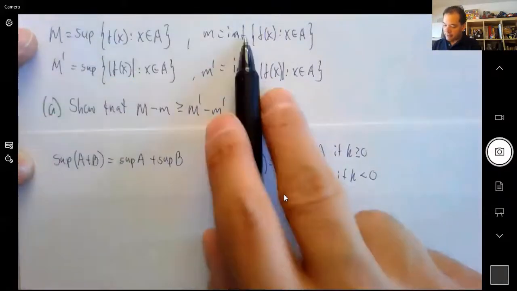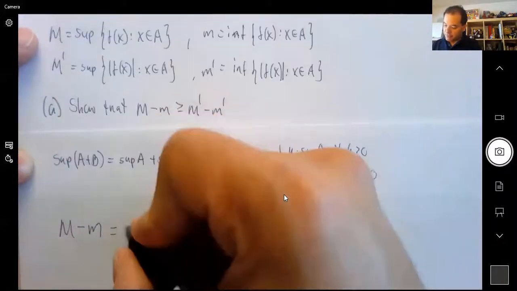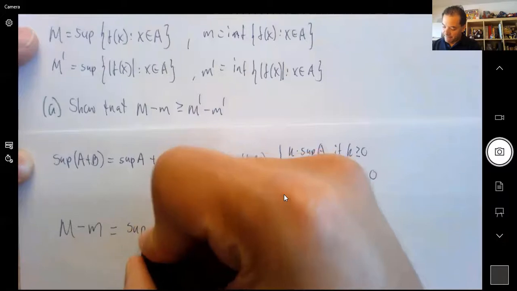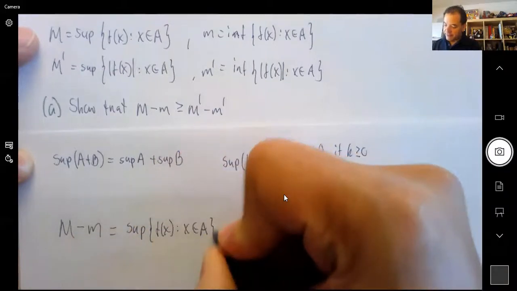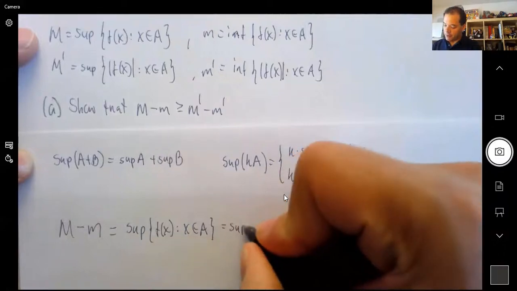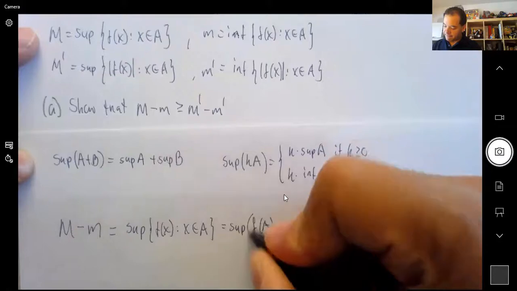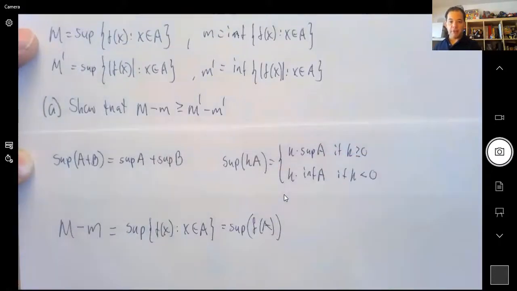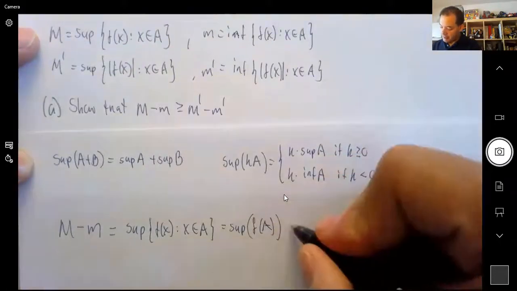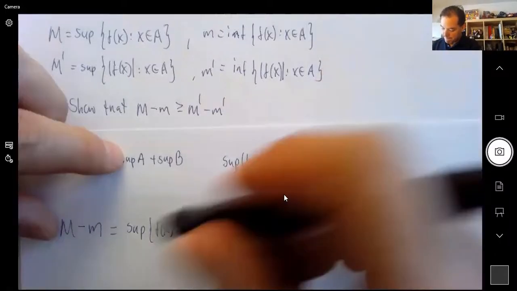M minus little m. So m is the supremum of the set f of a, the image of a. Oops, so this is just m.